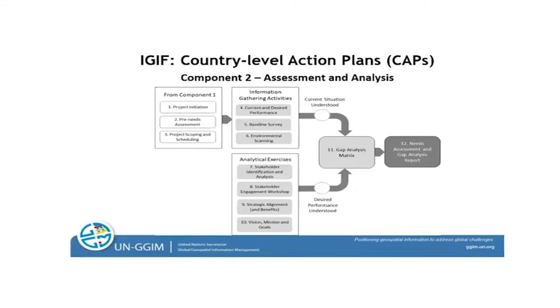For component 2, for example, assessment and analysis, for information gathering activity: the current and desired performance, the baseline survey, environmental scanning, the analysis of the stakeholders, the engagement, etc. And the gap analysis matrix, so that at the end of the process, we have a needs assessment and gap analysis report.